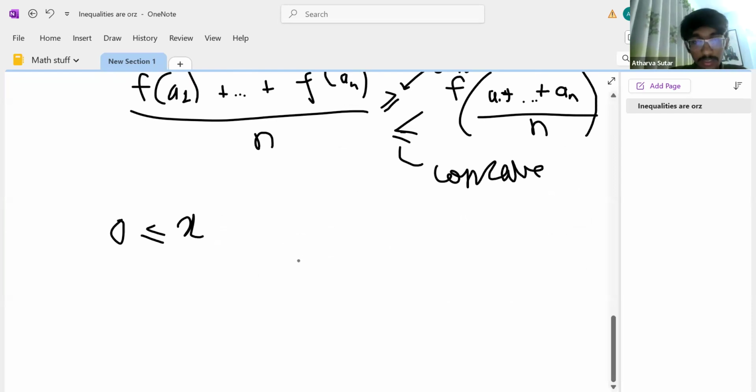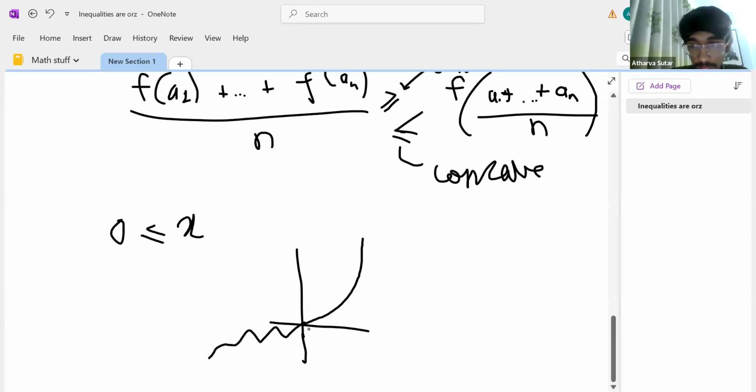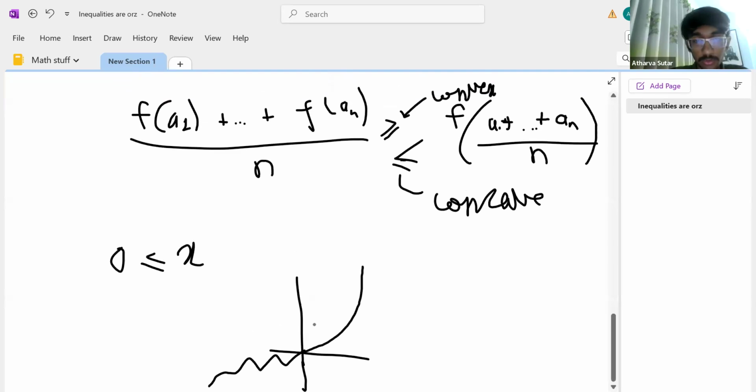Now assume the graph of this function is something like this: after zero, it's a nice convex function, but before zero, it's something weird. If you want to use the convexity of this function, you can state that it is convex for everything after zero. This also works in a problem.